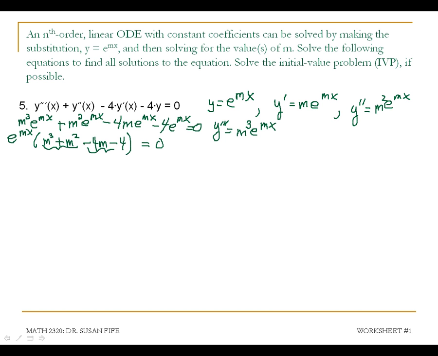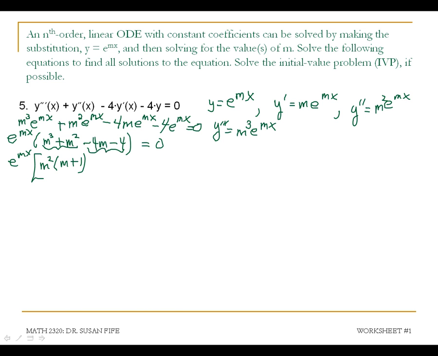Here you can factor by grouping. From this first group, m to the third plus m squared, you can factor out an m squared. It leaves you with an m plus 1.